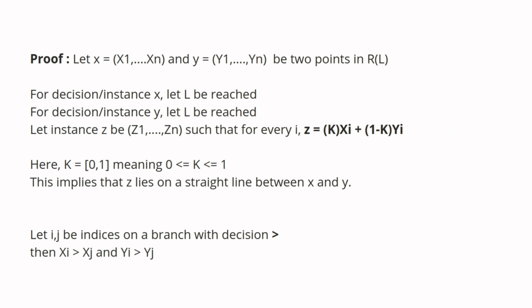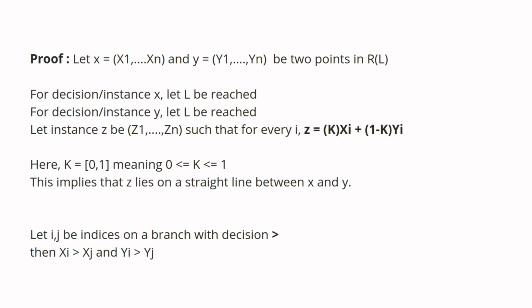Now let us move on to the proof. The proof says that let x equals x1 to xn and y equals y1 to yn be 2 points in R of L. For instance x, let L be reached. That is, from x we are reaching a leaf node L. And for an instance y, let L be reached.